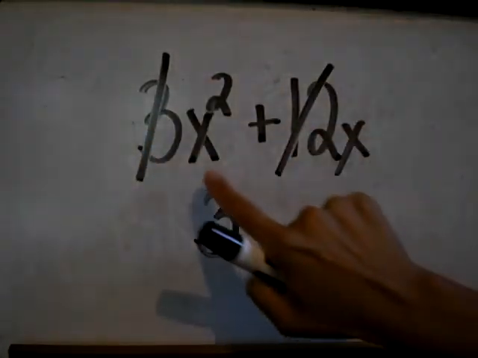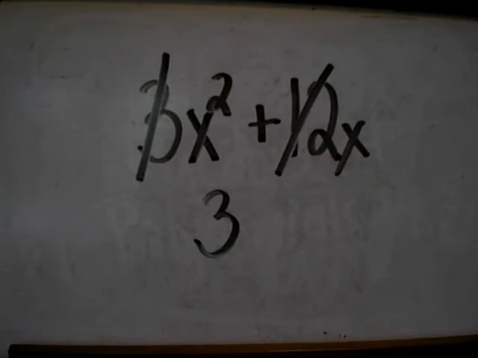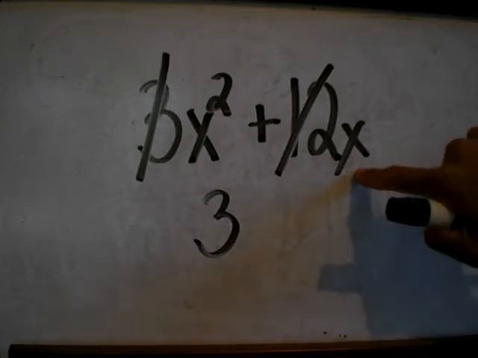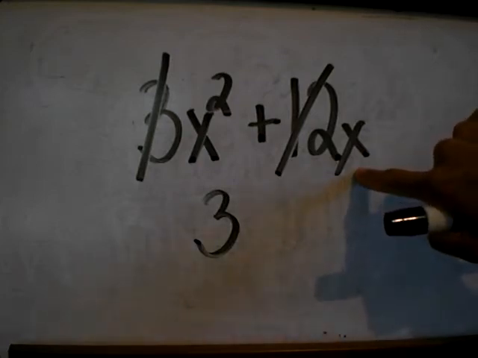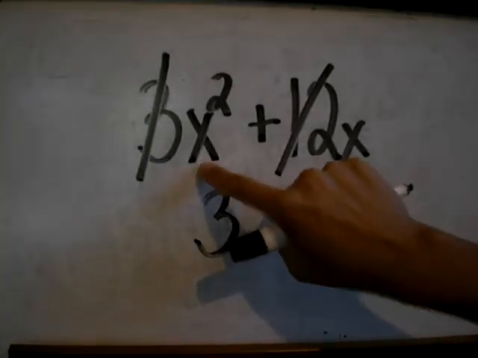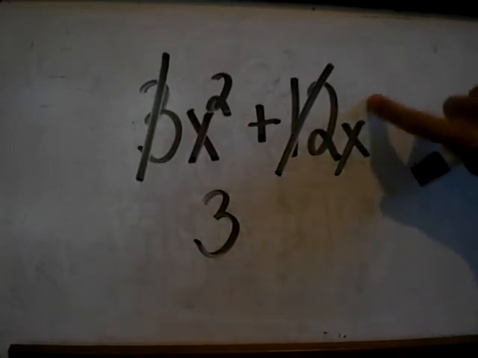Then we can move on to the x's, because they have the same base. What we want to do in this case is take the smallest exponent. This is x squared, so that's a 2, and then just x, and there's a little invisible 1 here.